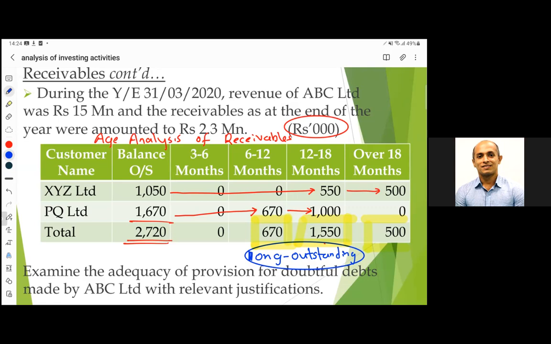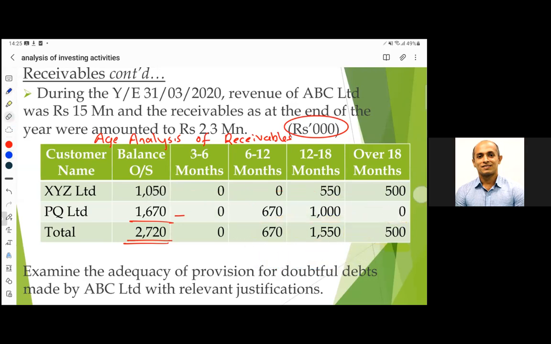Now you see what your observation is: a major part of receivable balances are outstanding over 12 months. So it's a long time period.